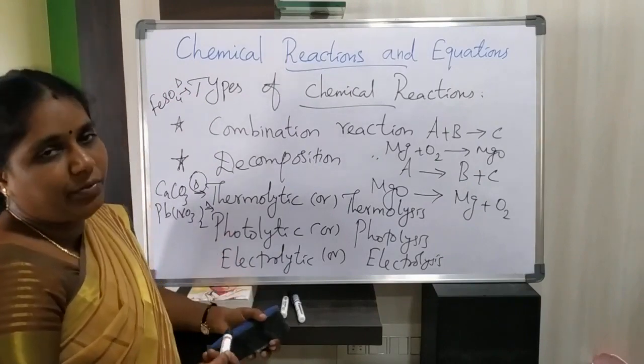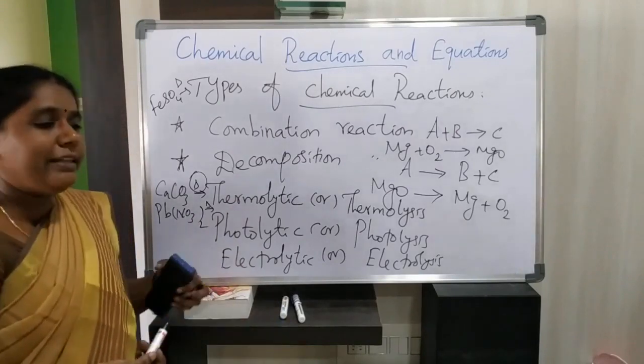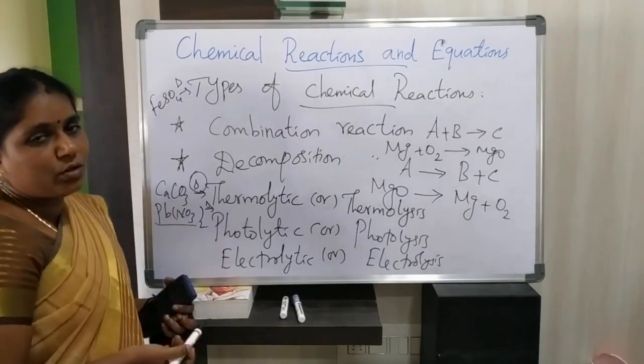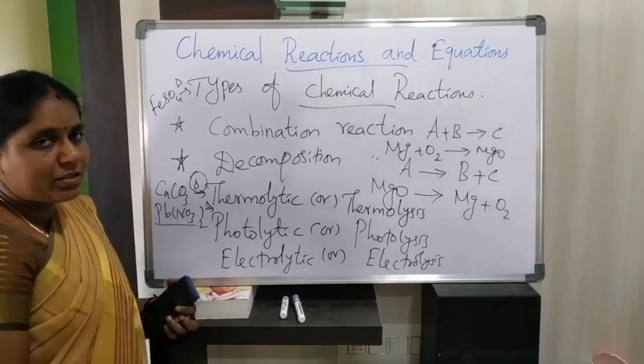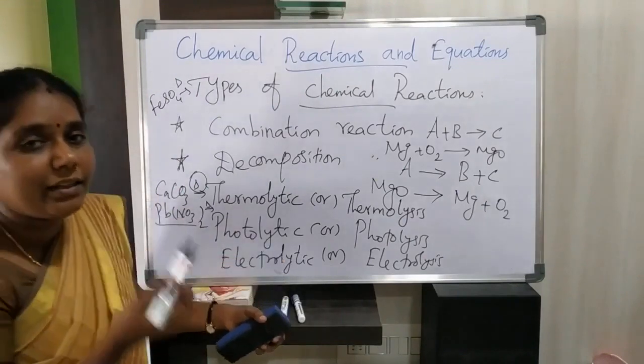That is also an example of thermolytic decomposition or thermolysis. On heating lead nitrate we get lead oxide, nitrogen dioxide and oxygen. This is also an example of thermolytic decomposition or thermolysis.